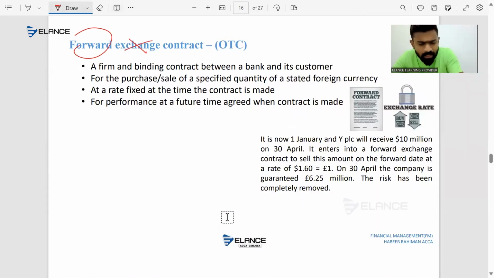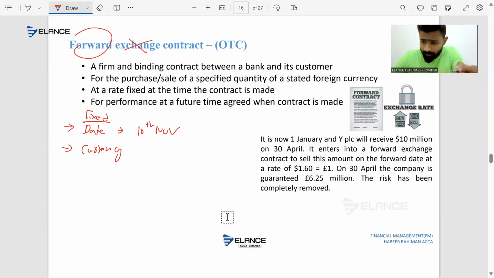Here, exchange doesn't mean exchange traded. That's foreign exchange terminology. It's over the counter. See, we went to the bank and we fixed the date. We said we will be coming to you on 10th of November, and we fixed the currency in order to make the fees payment.